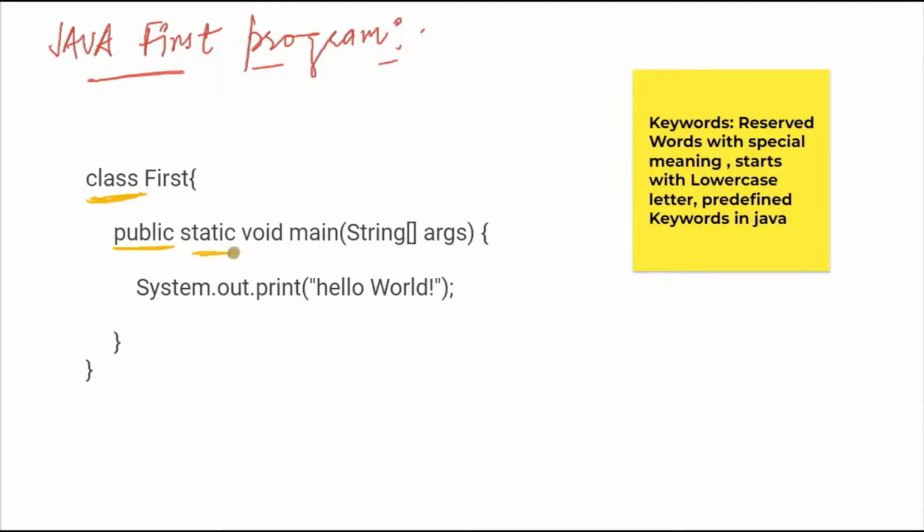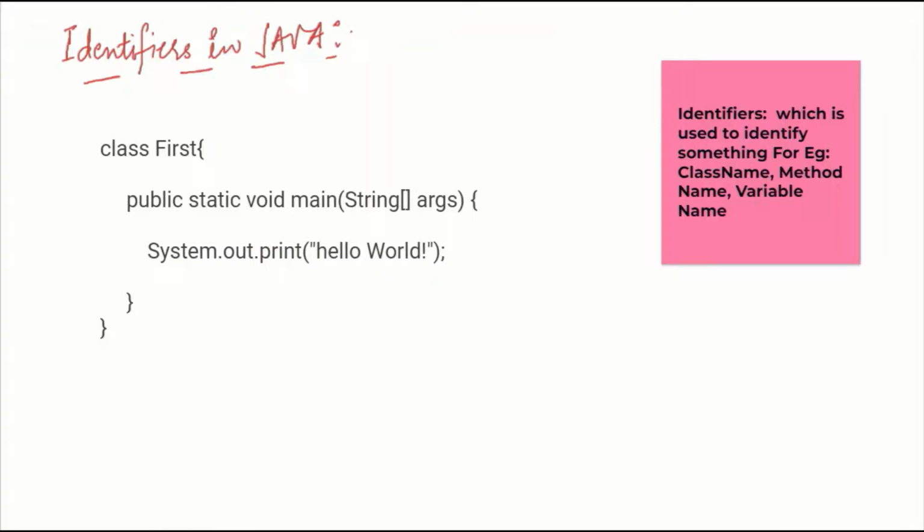So static is a keyword, void is a keyword, main starts with a lowercase letter, but this is not a keyword. We will discuss what that is. Other than that, there is no other keyword. The keywords are class, public, static, and void.